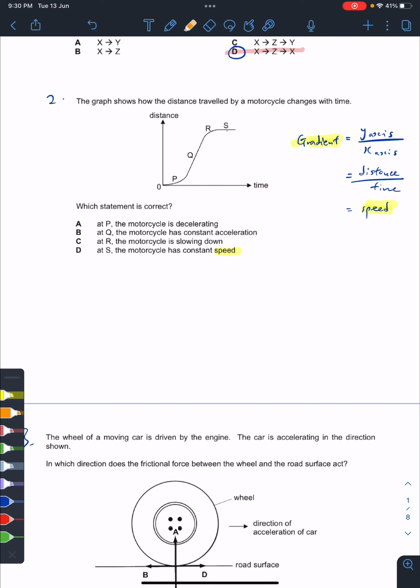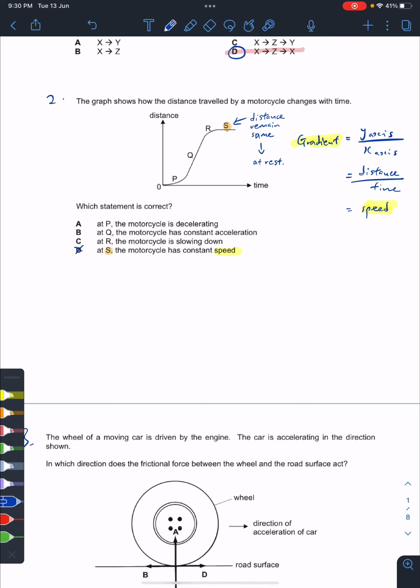At point S, we can see that the distance remains the same, because from point S onwards is a straight line. If the distance is the same, it doesn't travel any more distance. Doesn't that mean that it is at rest?